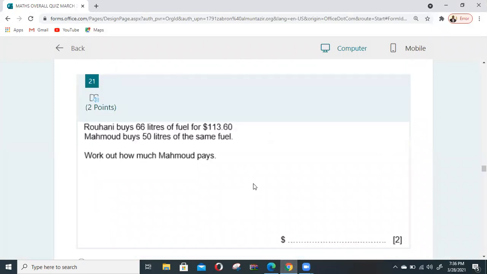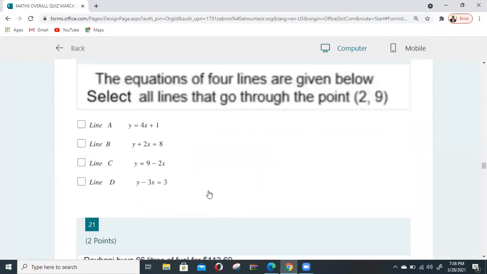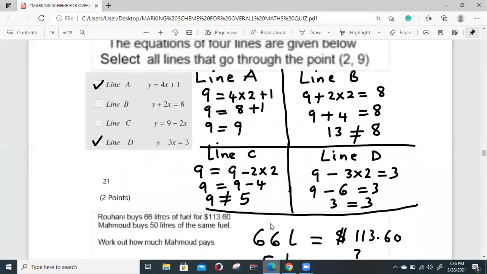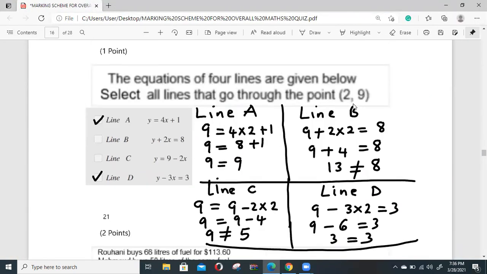The next question is, okay, the equations of 4 lines are given below. Select all the lines that go through the point. Okay, this question, I've done it here in the marking scheme. You try to substitute 2, 9 in each equation here. When you get one number on the left and one number on the right, and these are the same numbers, 9 equal to 9, these same numbers, but these are different numbers.